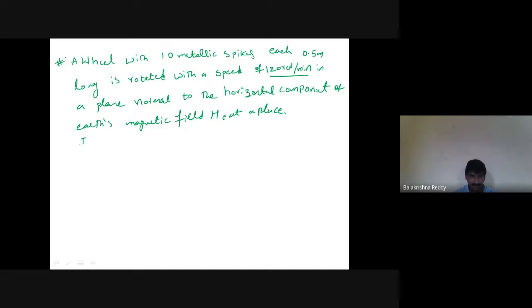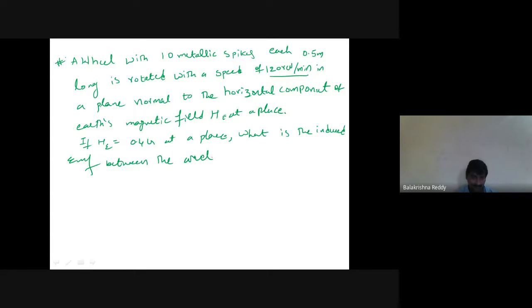If the horizontal component of the magnetic field equals 0.4 Gauss at a place, what is the induced EMF between the axle and the rim of the wheel?